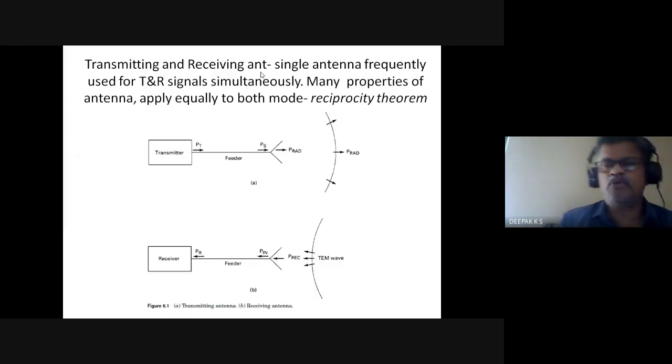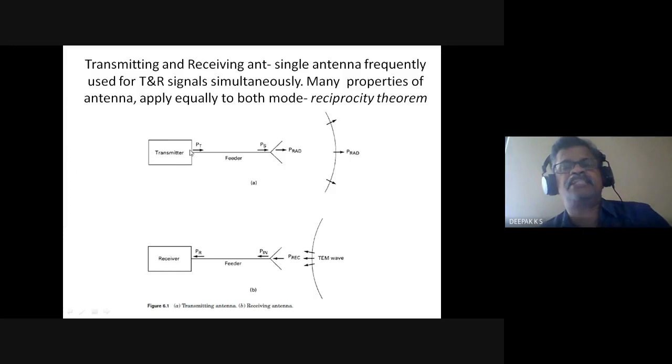So, something more about transmit and receive antenna. You have a transmitter with power PT, and you would feed this to maybe a waveguide or something, and you have a send power here, PS. However, this antenna gets some power through some system in which there will be some loss, so PS will be less than PT.